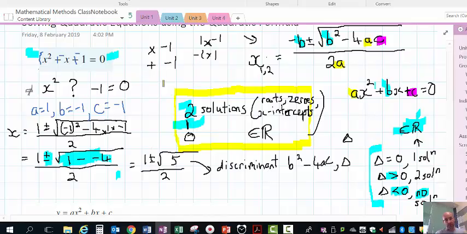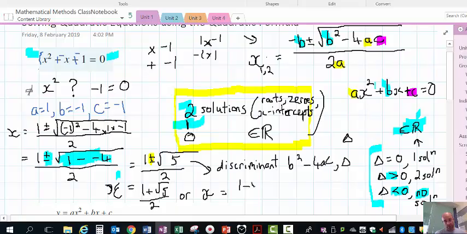So that's two numbers, because have a look, you've got a plus or minus, so you could extrapolate that if you want to. You don't have to do this. So that means x equals 1 plus square root of 5 over 2, or x equals 1 minus root 5 over 2, and that's the exact answer.